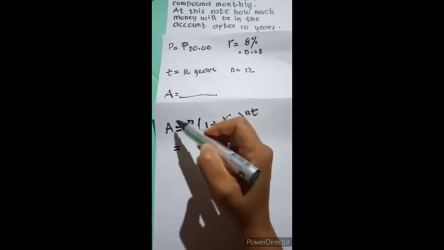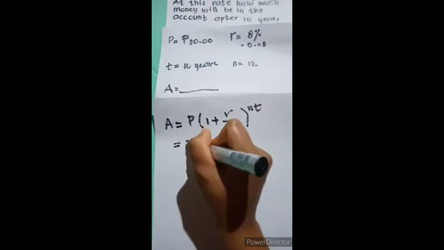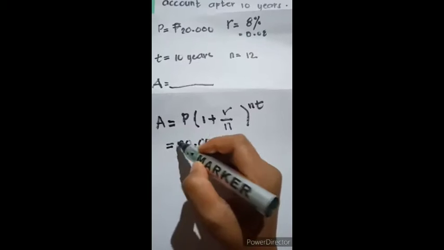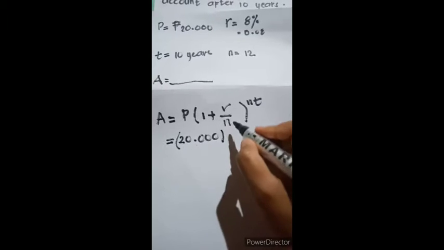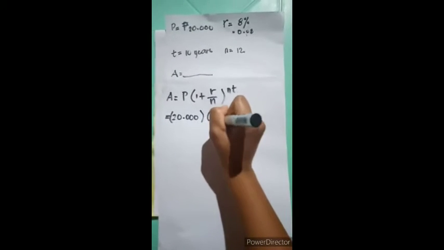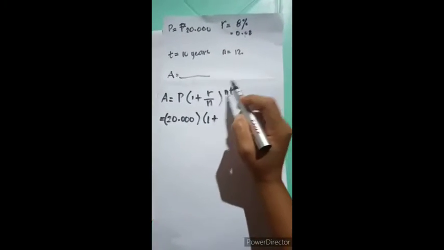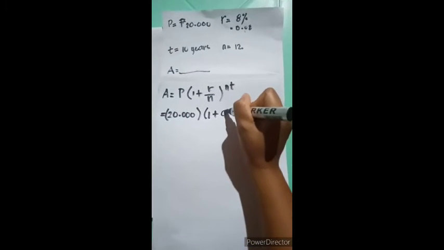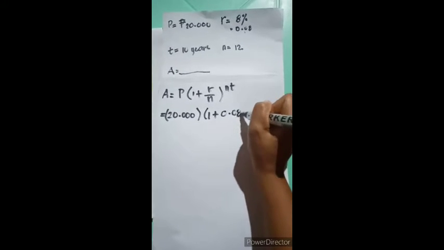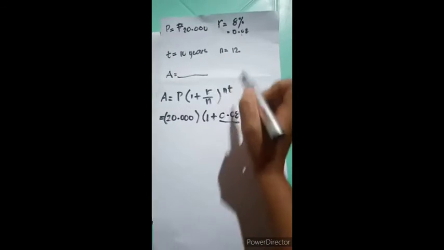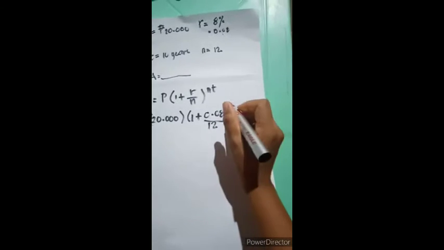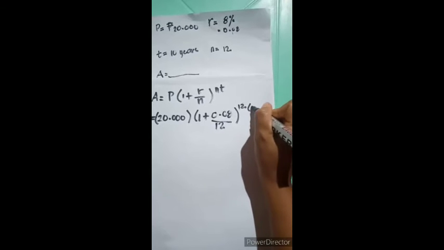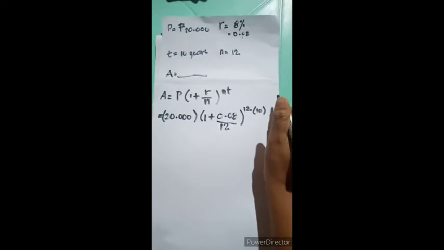We have a principal, 20,000, multiplied by 1 plus R, that is the interest rate, 0.08, over the number of periods, that is 12, raised to 12 times the years, that is 10.